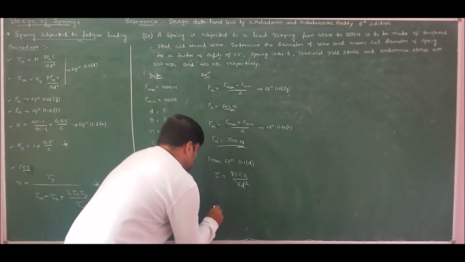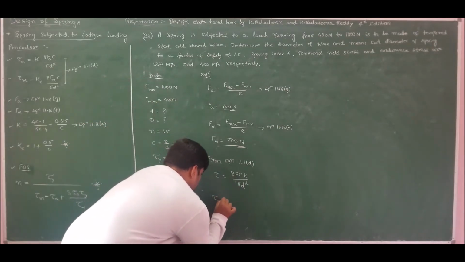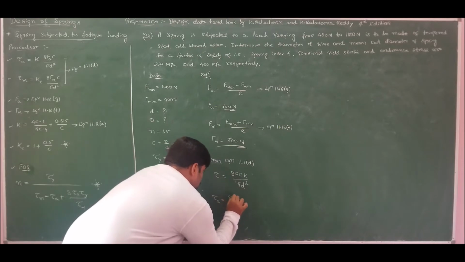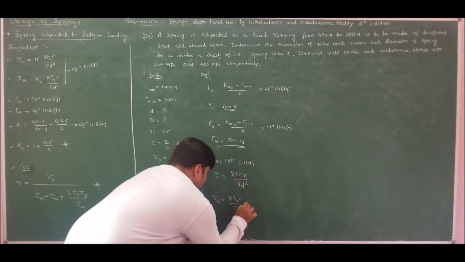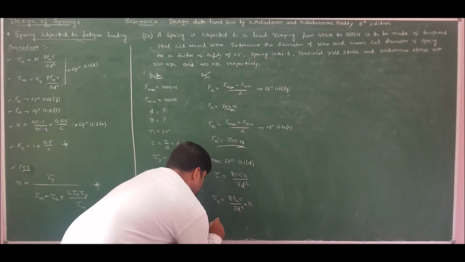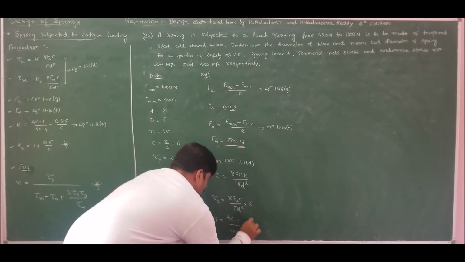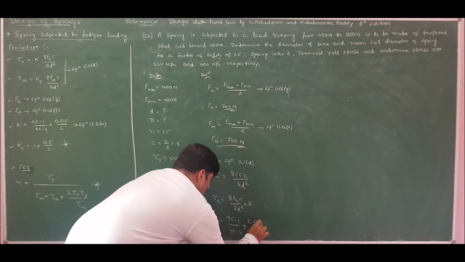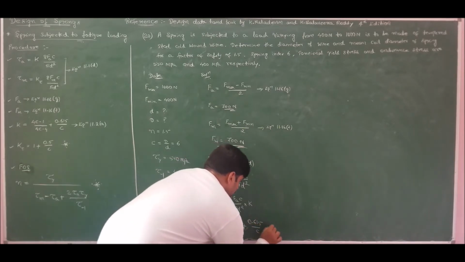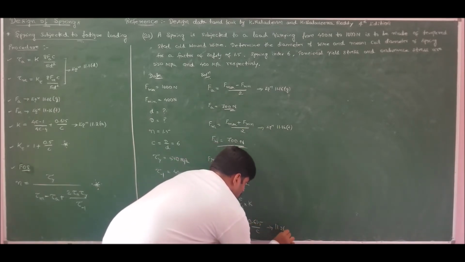Therefore tau amplitude is given by 8 into F amplitude into C by pi d square into K, where K is given by 4C minus 1 by 4C minus 4 plus 0.615 by C. This is equation 11.2a.